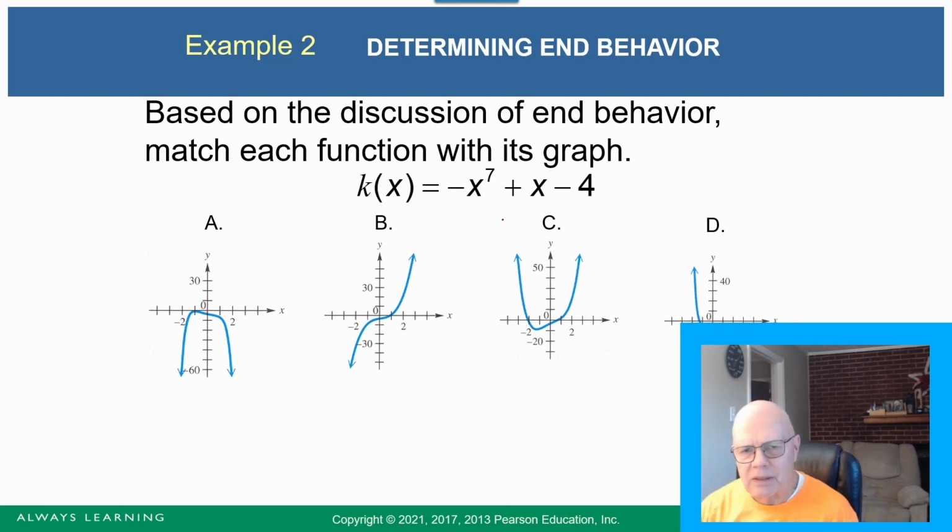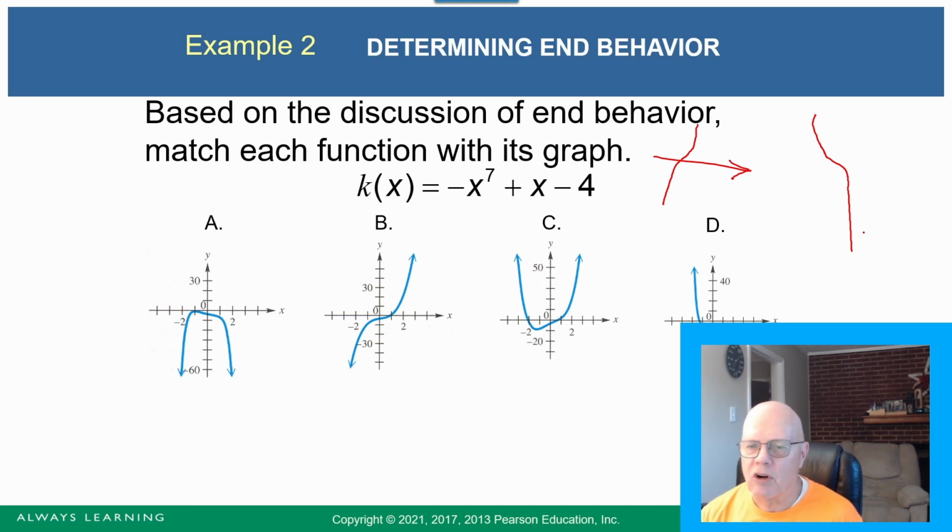Next, how about this one? These aren't too hard, are they? I hope. All right, what do you see? X to the seventh. That's odd. So the first thing you think of is, hey, there's an odd one. But hold on. It's a minus x to the seventh. So we're going to have to turn that thing left to right. It's actually going to look like that instead.